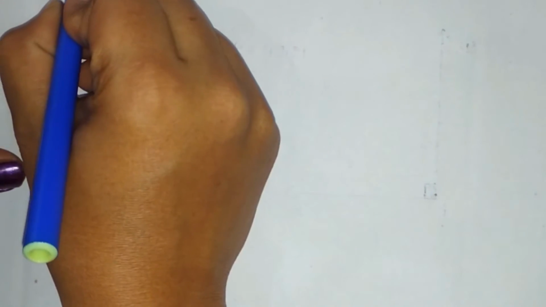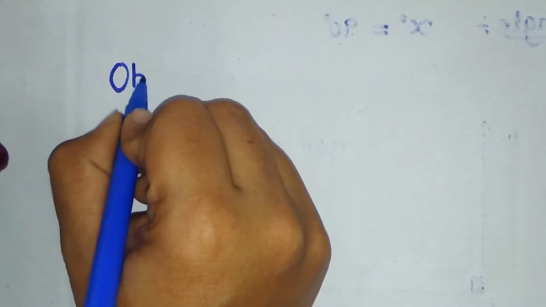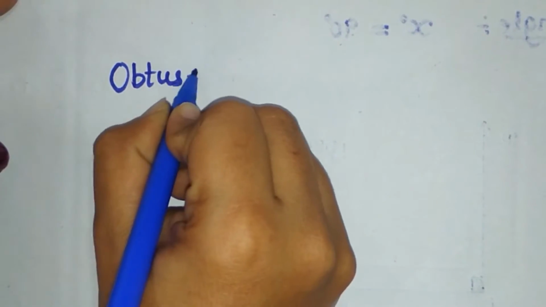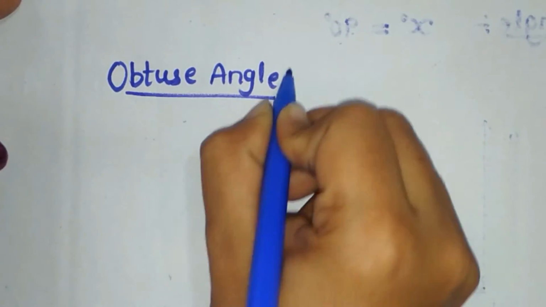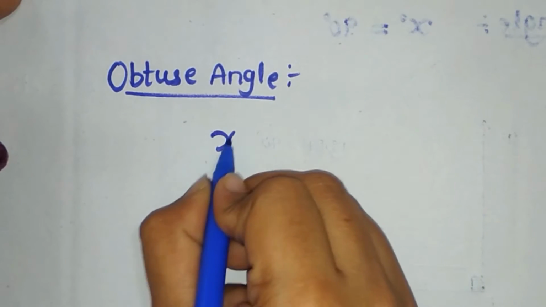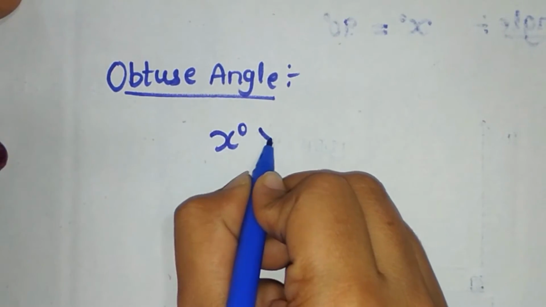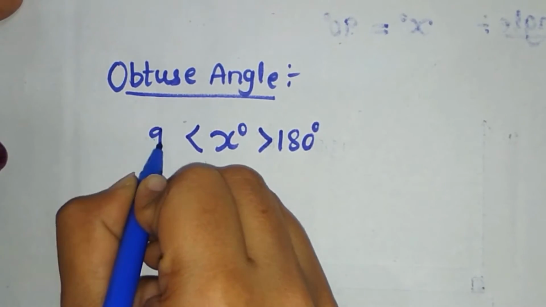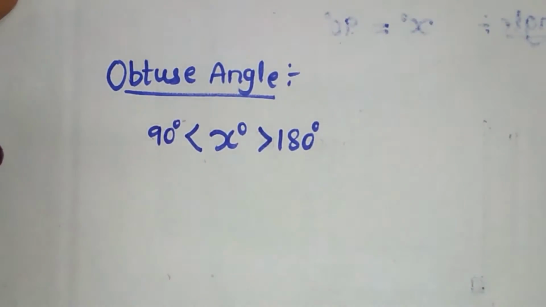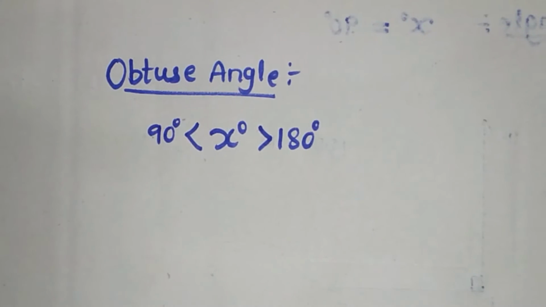Now next is the obtuse angle. Any angle which is less than 180 degrees but more than 90 degrees, we'll consider under the obtuse angle.